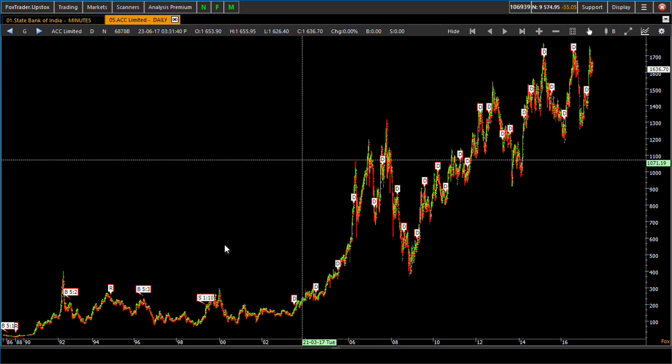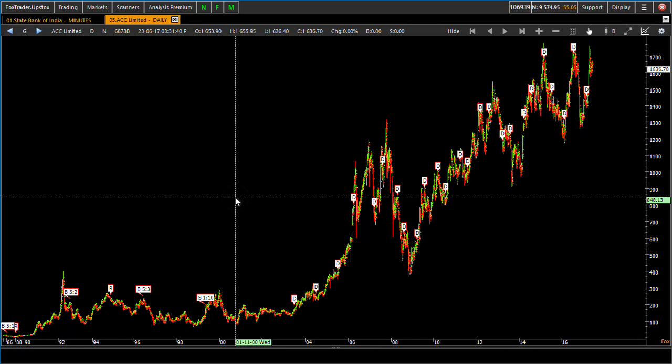So if your trading system is robust enough to handle all those phases and still give you good profitability, then it makes sense for me to execute that strategy in future, right? That is the reason we give you such huge data.